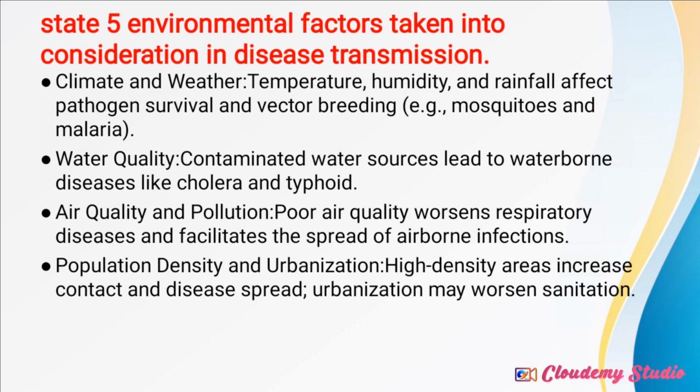Then population density and urbanization. High density areas increase contact and disease spread. So urbanization may worsen sanitation. If you look at most industries, if an industry is created somewhere, you'll find that in the areas adjacent to that land, people working in that industry will tend to live nearby.